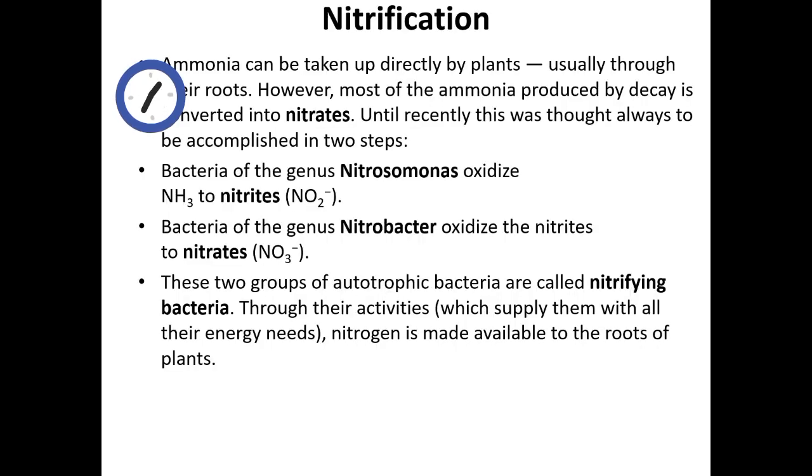After the formation or release of this ammonia, it is further taken up by plants, usually through their roots. However, most of the ammonia produced by the decay is converted into nitrates. Until recently, this was believed to be accomplished in two steps.